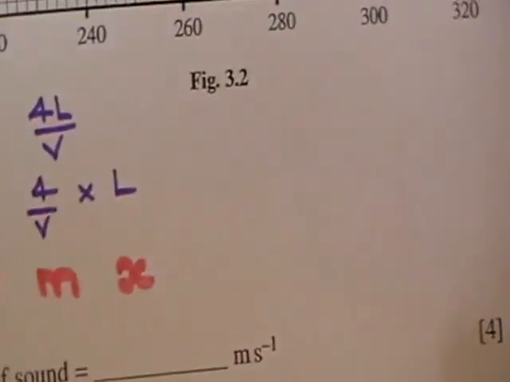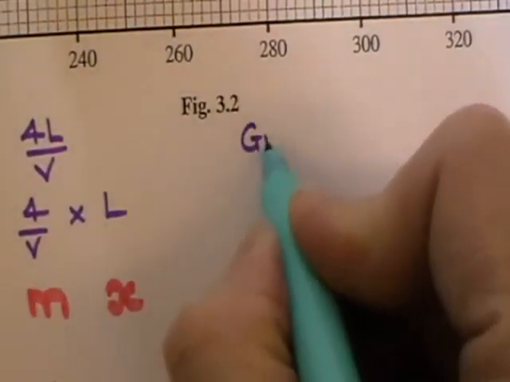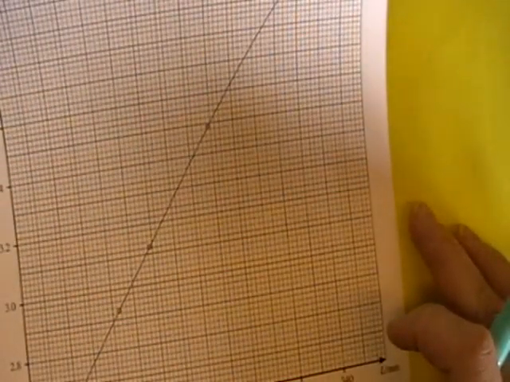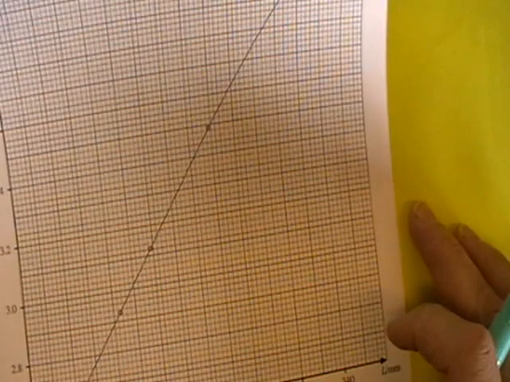And so the gradient of the graph, when you calculate that, you have to show, I'm going to scan out again here, you have to draw a triangle bigger than 5 centimetres or they won't give you the marks. So draw a good big decent triangle.